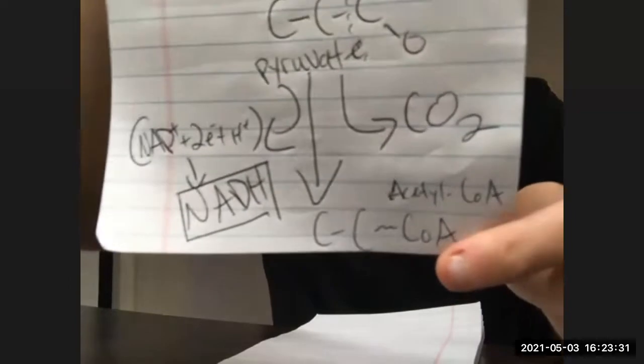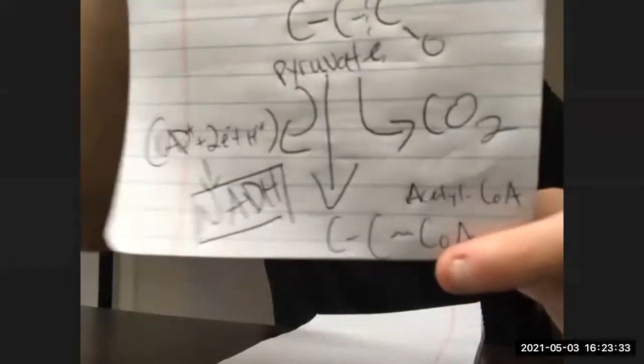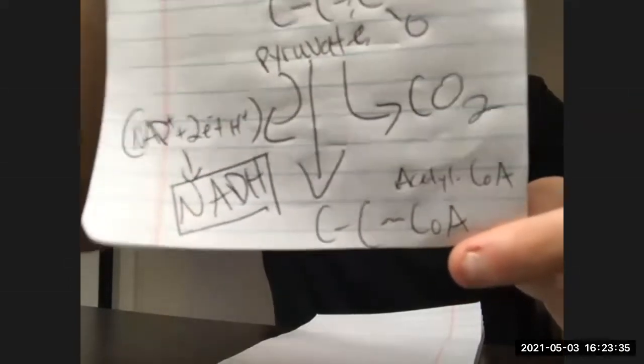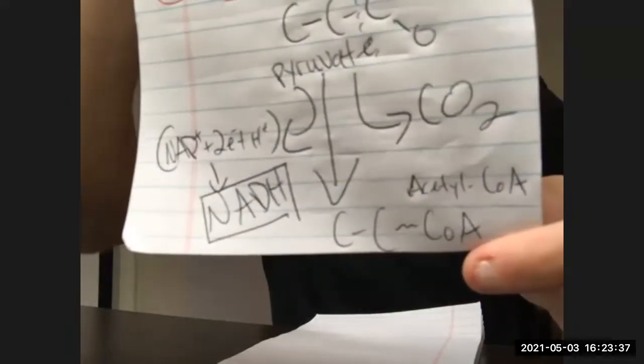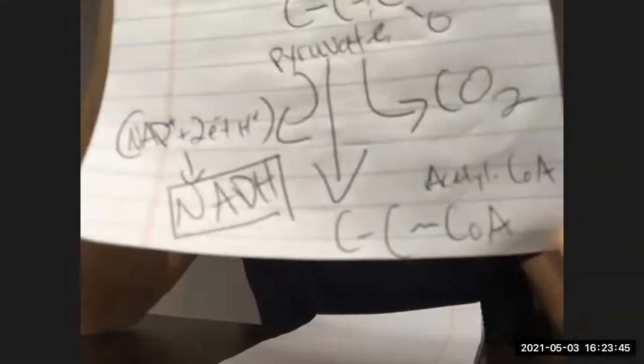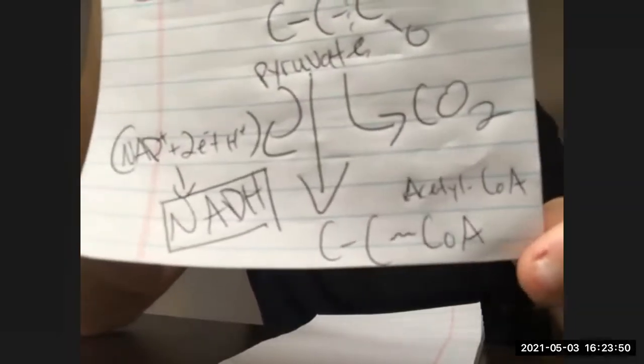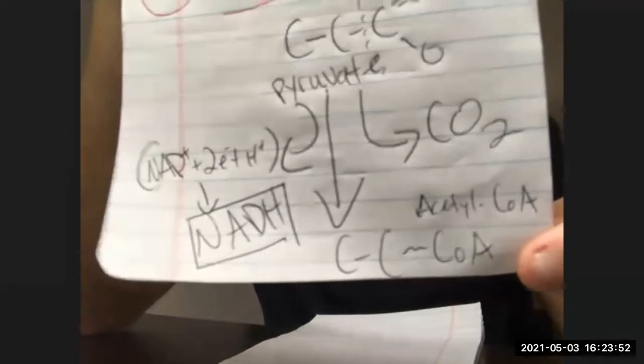It's a giant molecule, though, so we just write CoA. It's another coenzyme like NAD plus, or FAD. Just another coenzyme that you don't have to know why it attaches and helps out here, but it's necessary for the next step. Let's just say that.